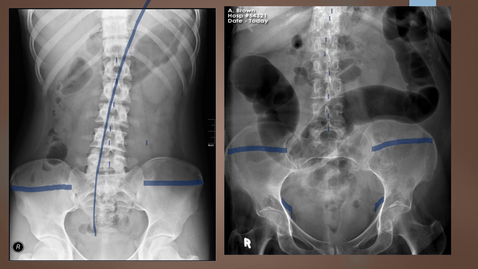Now we're going to look at the mid-coronal tilt. Here, we're looking for any foreshortening. We're looking for the position of the spinous processes in between the intervertebral disc spaces, and we are seeing that consistently. So it appears that we don't have foreshortening.